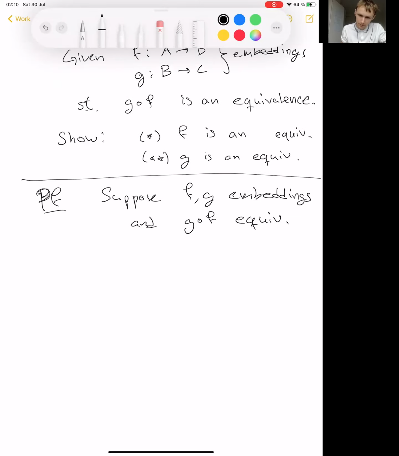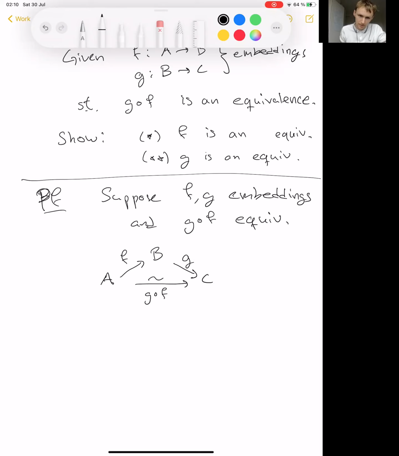Let's write out the diagram for these functions. We have A, B, and C with f here and g here and g composed with f here. And we have that this bottom one is an equivalence. So now we have two problems, right? One was to show that f is an equivalence and one was to show that g is an equivalence.